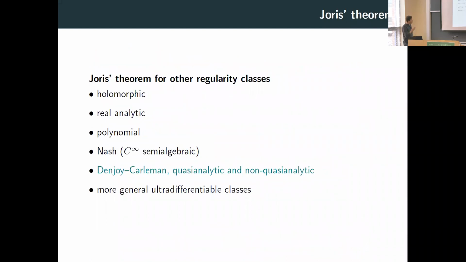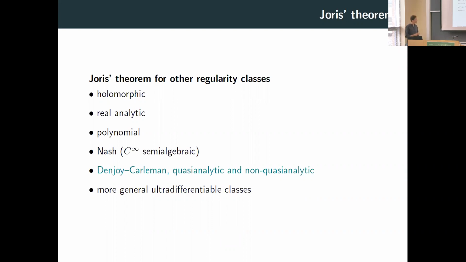So here is the theorem for other regularity classes. Just to warm up, I will show that it is true in the holomorphic setting, the real analytic setting, polynomial, Nash. We will see that this is very easy. And then I will focus on Denjoy-Carleman classes, quasi-analytic and non-quasi-analytic. Whether the class is quasi-analytic or not does not really play a role here, which is also surprising.